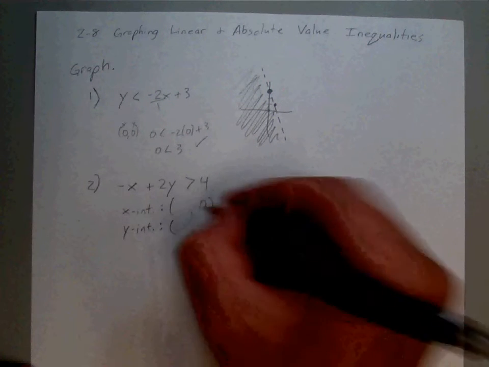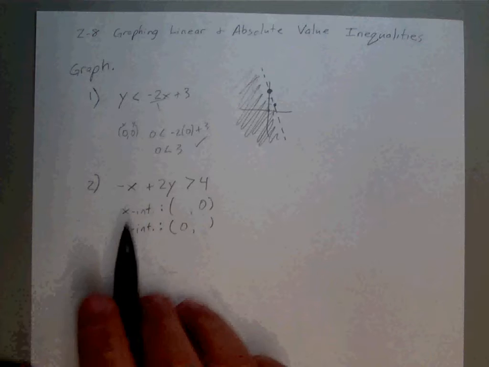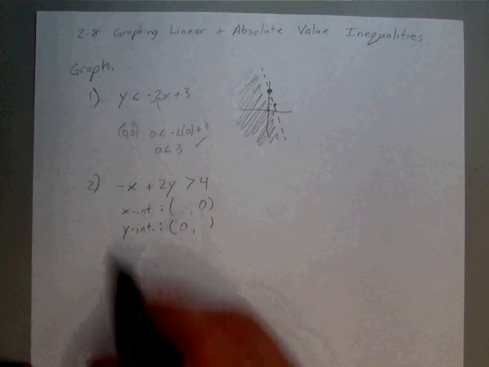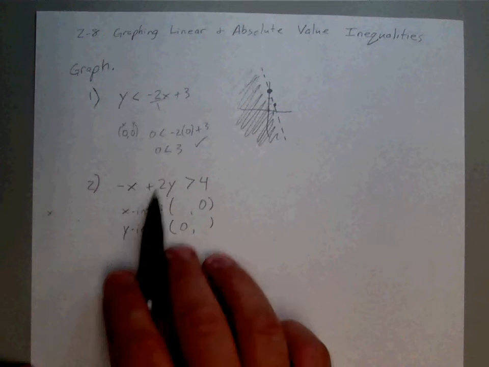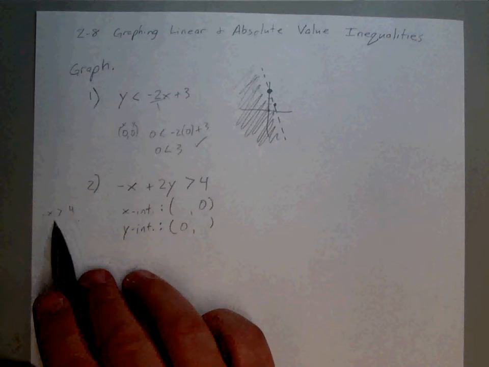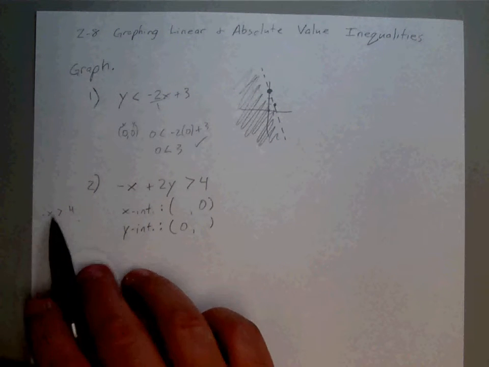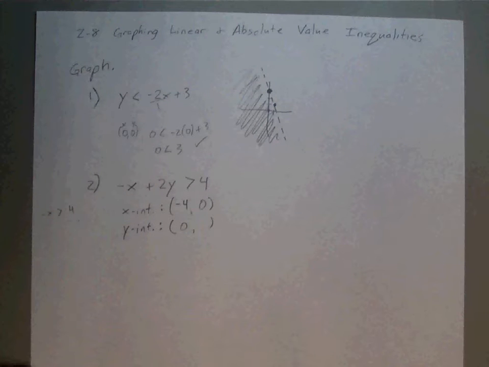For the x-intercept, the y-coordinate is 0. For the y-intercept, the x-coordinate is 0. Plug those values in. So for the x-intercept, plug in 0 for y. So off to the side, I would get negative x, and then 2y becomes 0, it goes away. It's greater than 4. I don't really care about the inequality; I can pretend it's an equal sign. Negative x equals 4, so x would be negative 4. So negative 4 is my x-intercept.